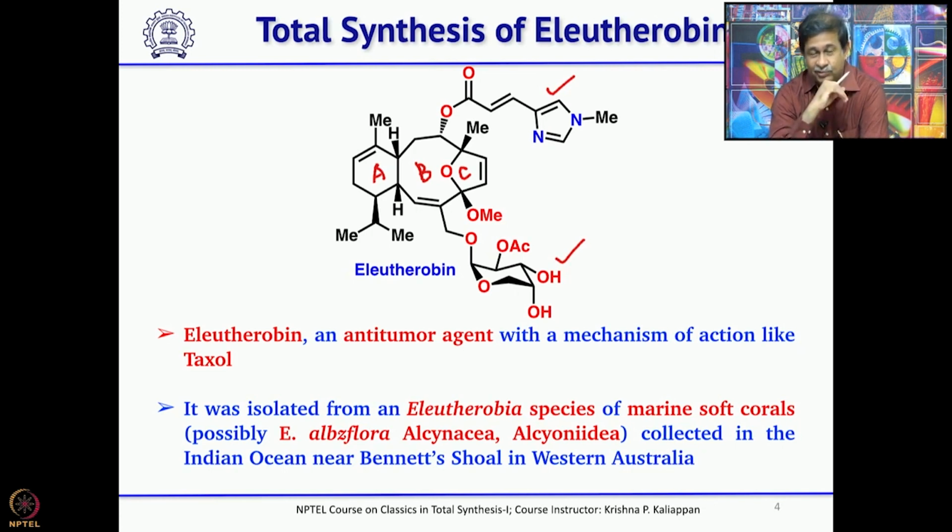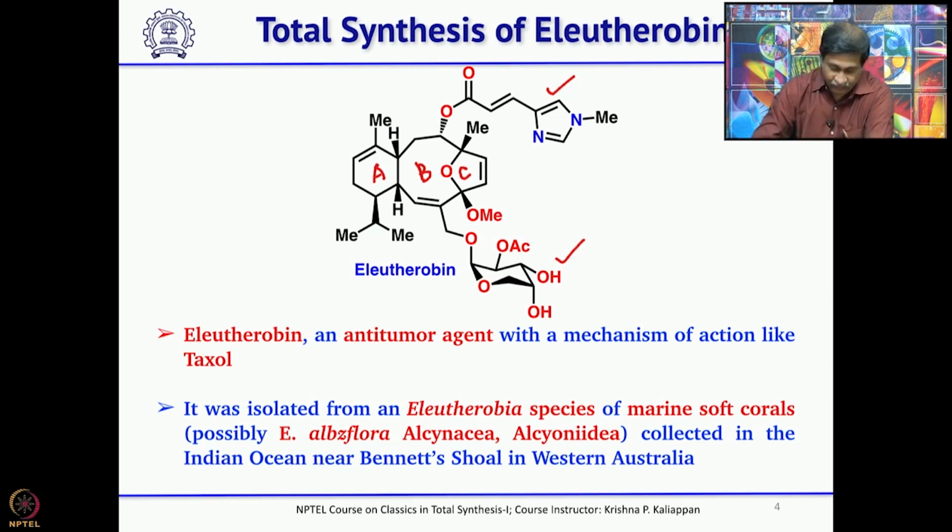So, if this molecule has to be made available for further medicinal and biological studies, this could be done only through synthesis. From these 2 angles it was very important to develop a good strategy, and using this strategy one should be able to make not only Eleutherobin but also several analogues.